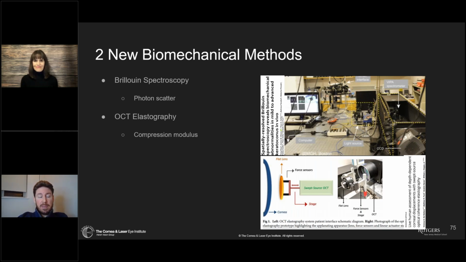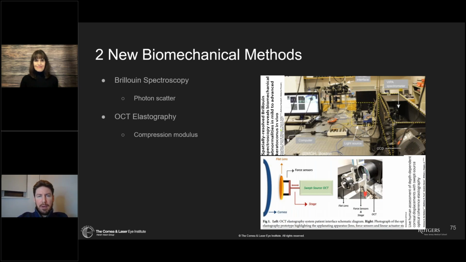However, Brillouin spectroscopy is being looked at in Europe and maybe in the market within the next couple of years. OCT elastography, on the other hand, may take a little bit longer, but they are doing something called PhD OCT, which is essentially looking at phase shifts within the cornea to associate that with strength profiles.